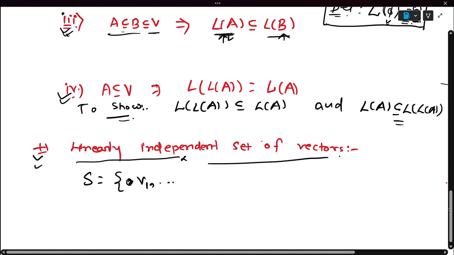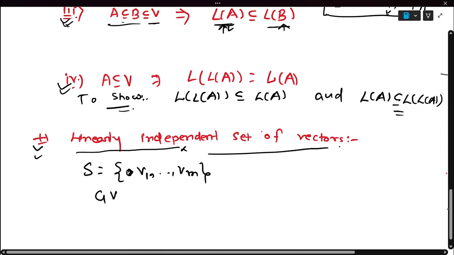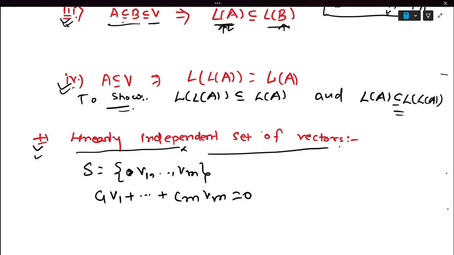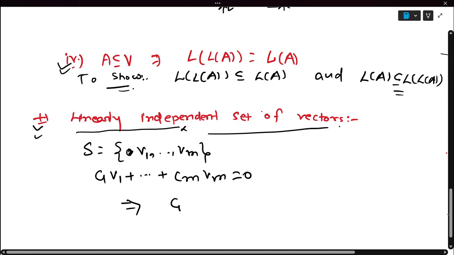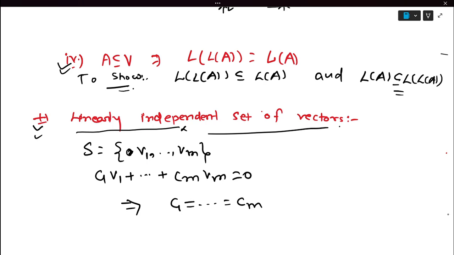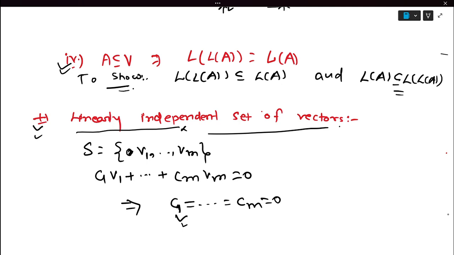Let v1 up to vm be elements of the set S, and we call them independent vectors if c1 v1 plus dot dot cm vm equal to 0 implies c1 equal to dot dot cm equal to 0, meaning all coefficients have to be 0 for c1 v1 plus dot dot cm vm equal to 0.